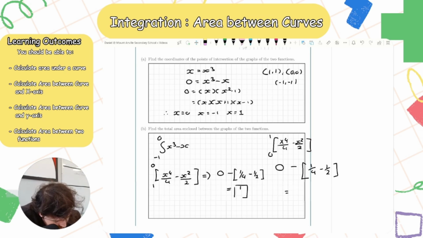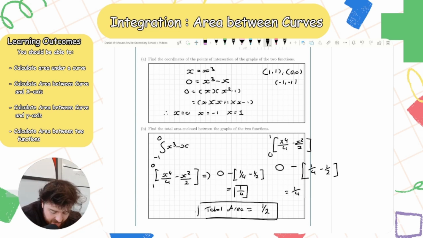I'm sorry, this is going to be a quarter. This is also going to be equal to a quarter. So therefore, the total area equals a half. A quarter plus a quarter is a half. A half units squared.